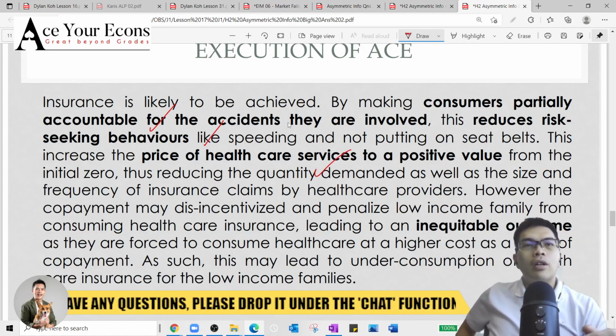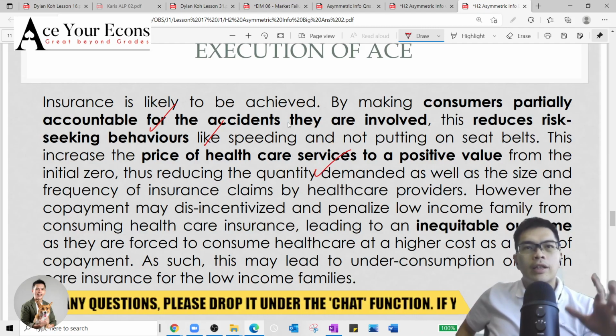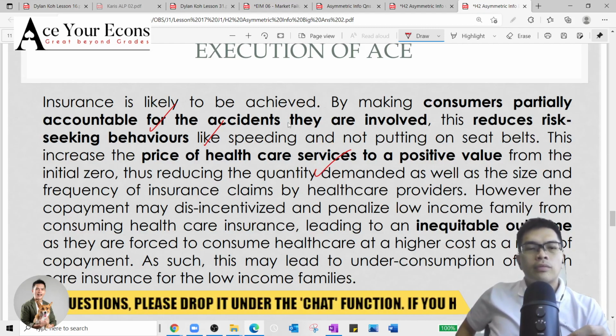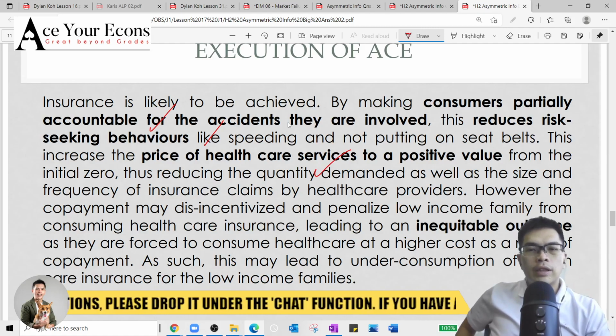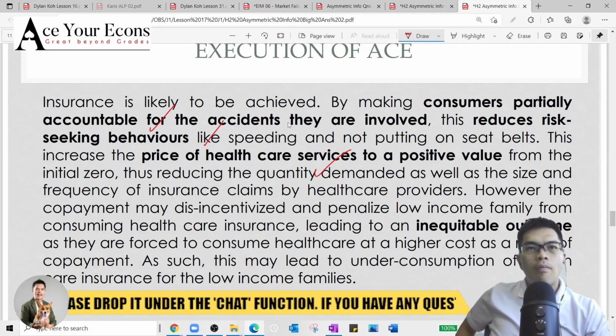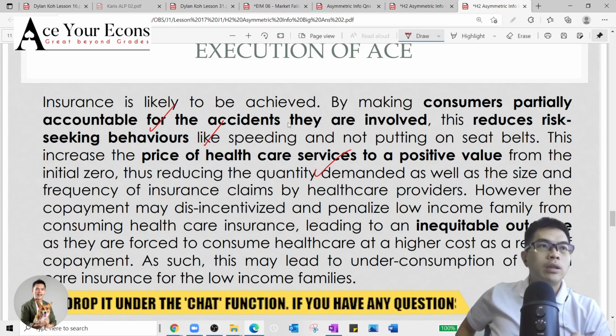You cannot claim the full amount, or claim half of the amount, or probably 10% of the amount. So this will reduce the size and frequency of insurance claims. If you want to use a deductible, also can.